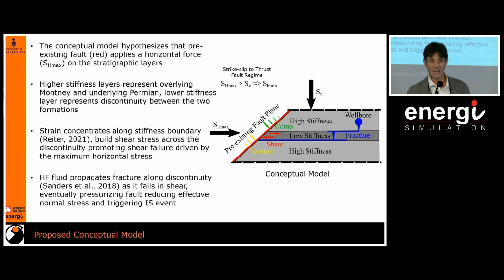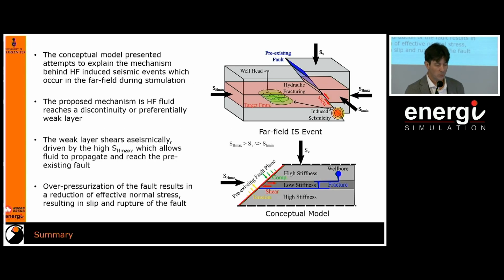Because of that contrast in stiffness, and the thrust belt that keeps on moving, you will develop some sort of induced tensile and shear stresses at the interface between the formations and within the Montney, basically at the interface of every layer. You can also think that these bedding planes are weak and they can part very easily.